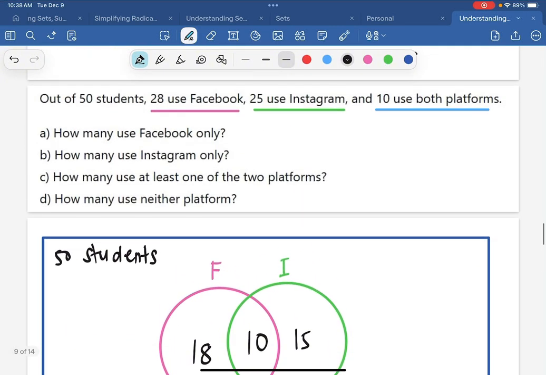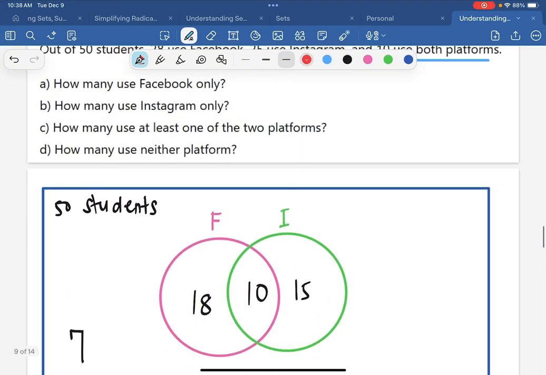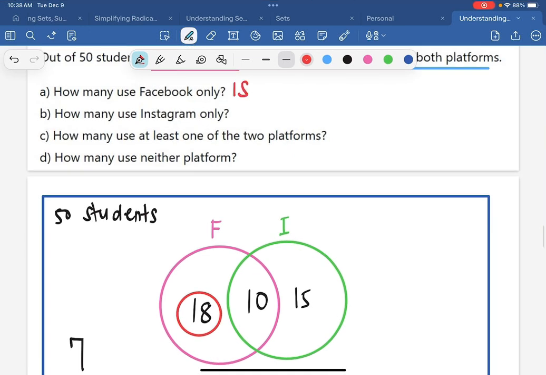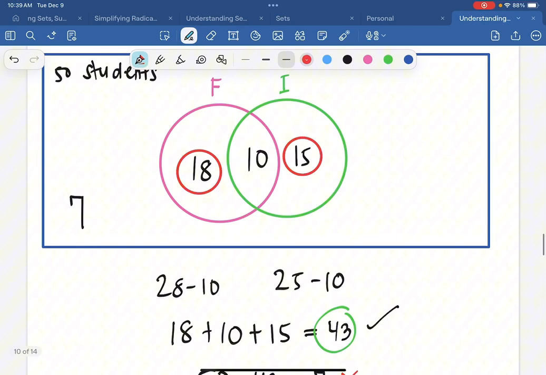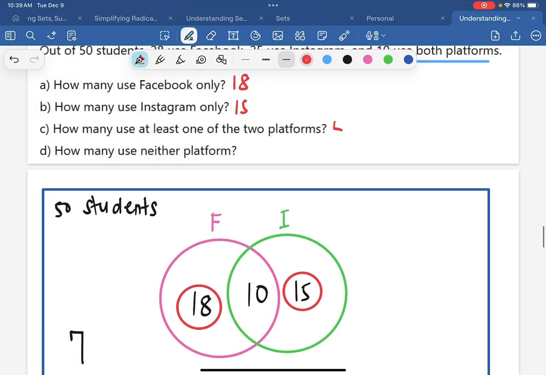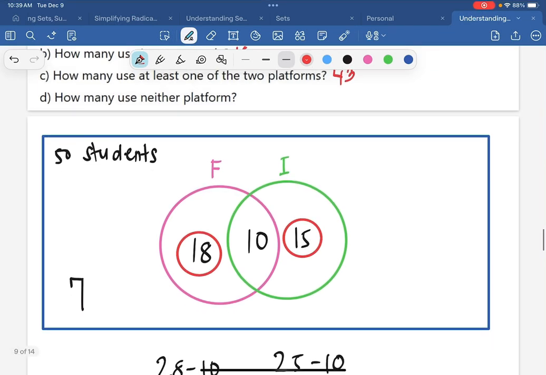Now, based on the question, how many use Facebook only? Of course, Facebook only, we get to have 18. For Instagram only, we get to have 15. And how many use at least one of the 2 platforms? Again, the total for those students who use either platform, you get to have 43. And how many use neither platform? So we have here 7.